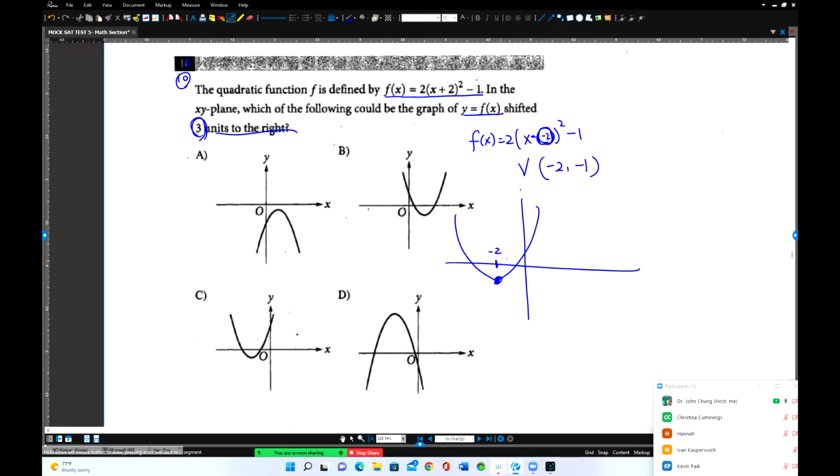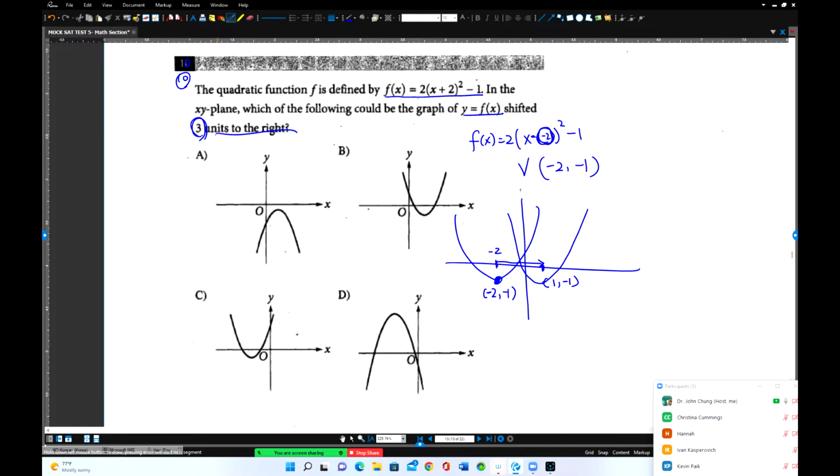So the vertex should be what? It was negative 2 and negative 1 before. Move to the right by 3 units: negative 2 plus 3 is positive 1, right? It's going to be a positive 1, but the y-coordinate is the same as before. Move over here. Okay?